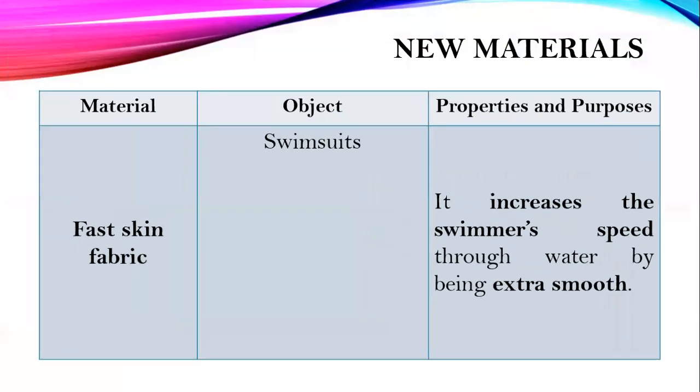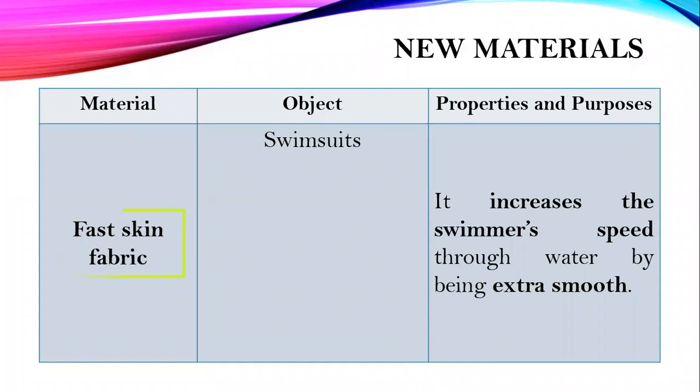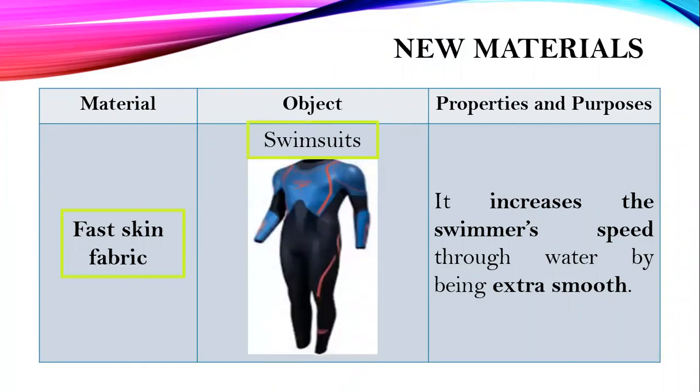The second material is known as fast skin fabric. This material is used in making swimsuits. It's characterized by increasing the swimmer's speed through water as it's extra smooth. Would you imagine this? Fast skin fabric.